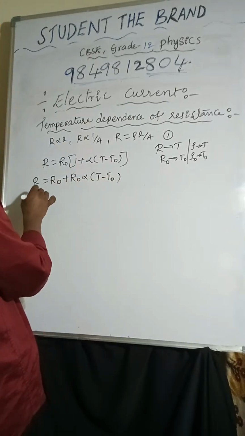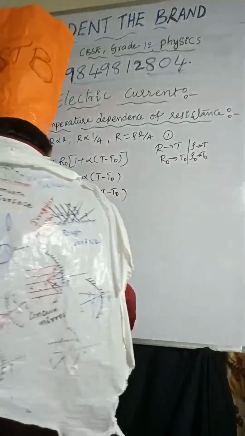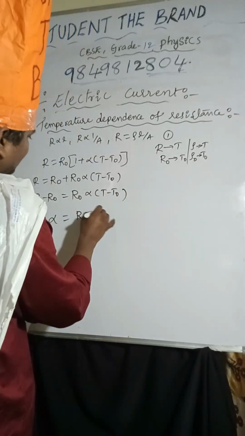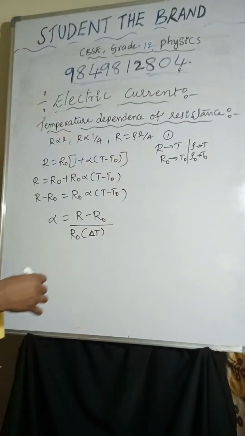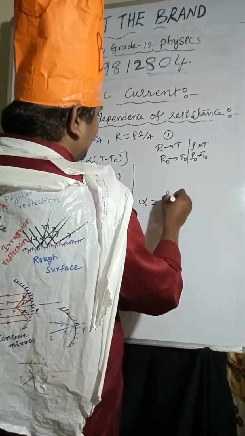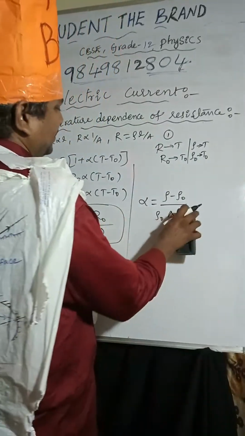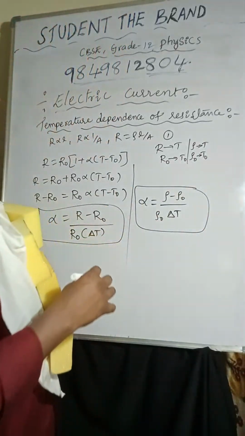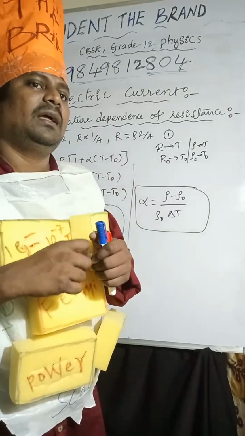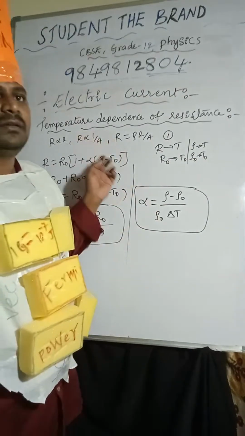Then R minus R naught equal to R naught alpha into T minus T naught, so alpha equal to R minus R naught by R naught into T minus T naught, which is delta T. Similarly for resistivity, alpha equal to rho minus rho naught by rho naught into delta T. I hope it is very clear to you all. Is it clear? Next one.